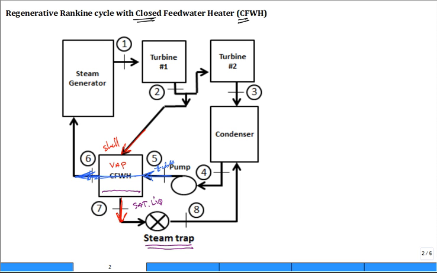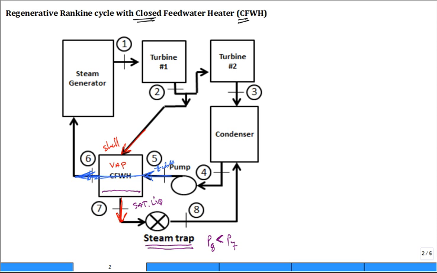When it's sufficiently high, it opens, lets some liquid go through, and then it shuts off again before any vapor goes through. You want to hold back all of the vapor and make it condense. That's the purpose of the steam trap. And there's a pressure drop such that the pressure at 8 is less than the pressure at 7. Okay? So that's the steam trap.